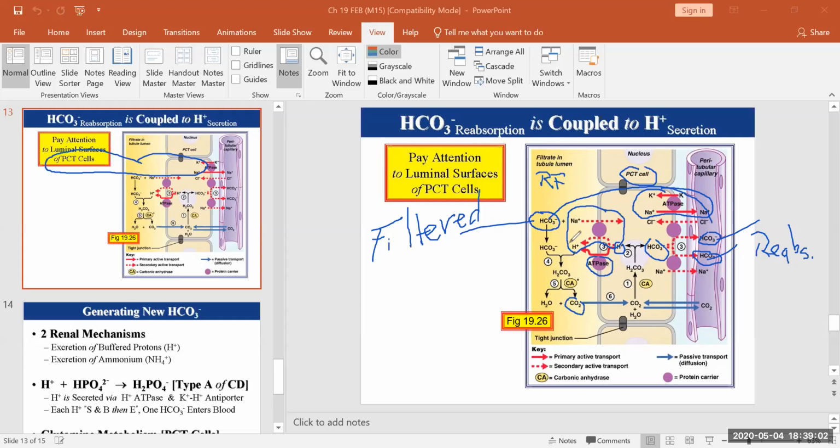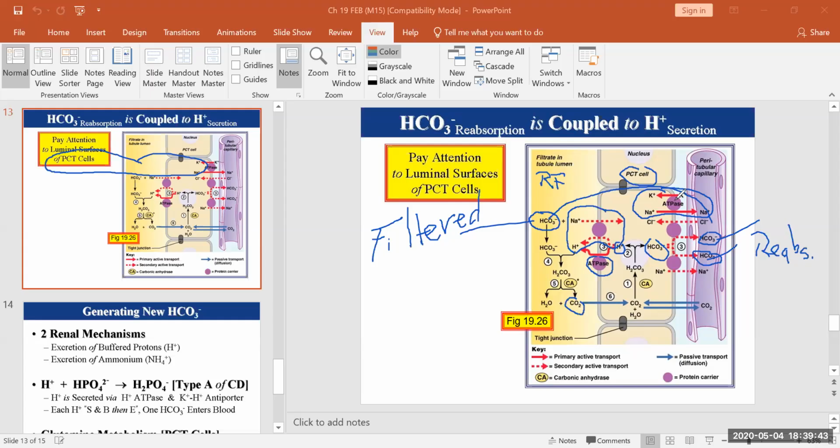Sodium gets in, proton gets out. Okay, so again, two ways for proton to leave the cell: through a primary active transport, its exclusive proton pump, consuming ATP to pump out proton. And the second mechanism, a secondary active transport, where proton basically gets a free ride out as sodium gets in. And why is that sodium getting in? Because at the basolateral membrane, the sodium potassium ATPase sets up that concentration gradient, inducing sodium to move from the renal filtrate into the PCT cells.